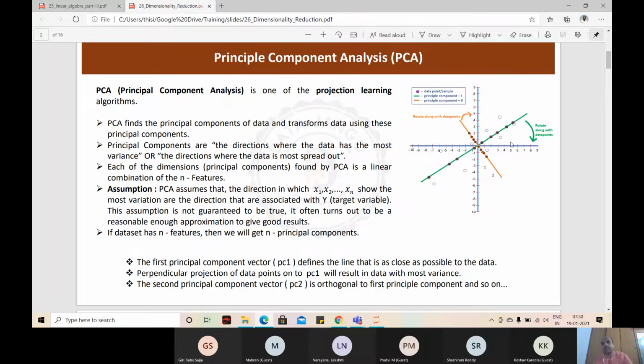Will the loss be more if I crush all these dots onto this line? Crushing them onto the green line will lose more data essence, or crushing the data onto the orange line will lose more data essence? It's a question. Crushing on orange will lose more essence.